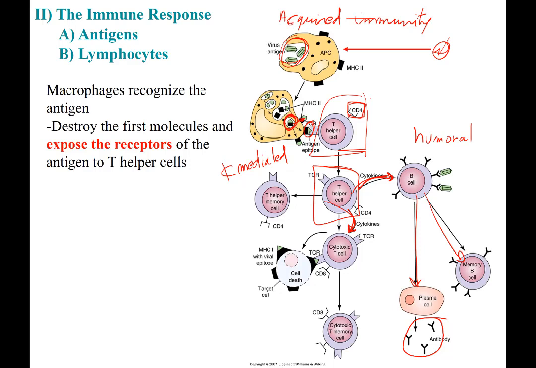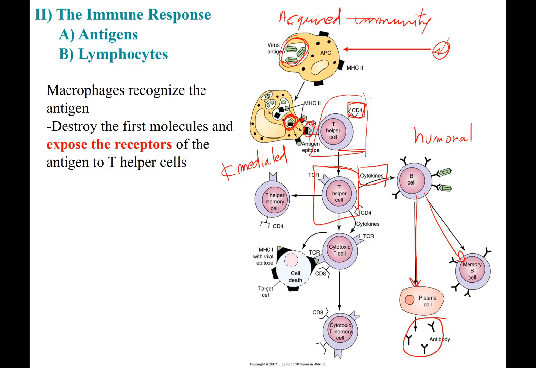So you see the T helper cells, something I didn't mention before, how do they communicate with the others? It is by producing cytokines. And we've talked about the cytokines, those proteins that are able to communicate and bring other cells in. So that's really the idea of cytokines.